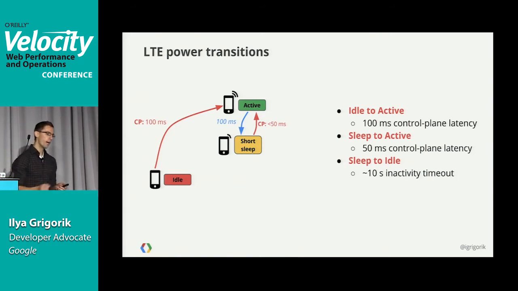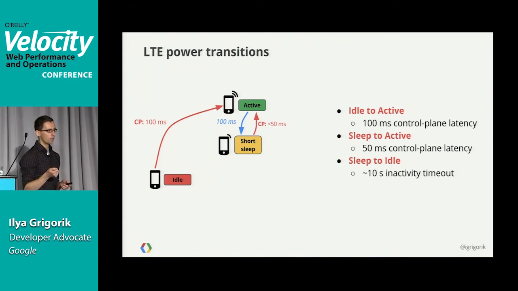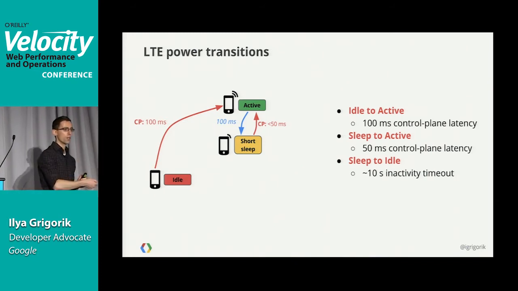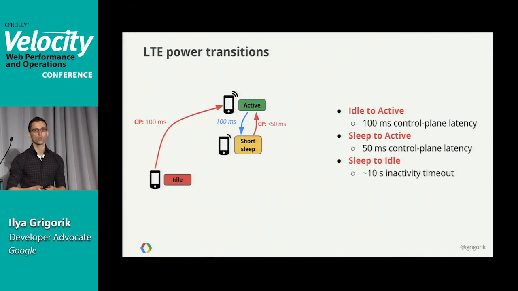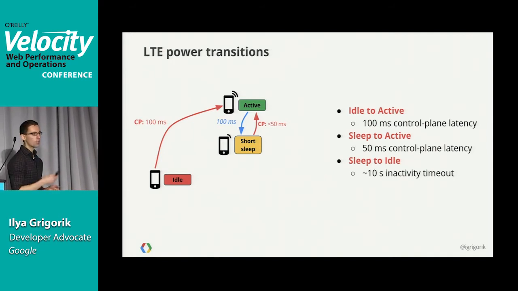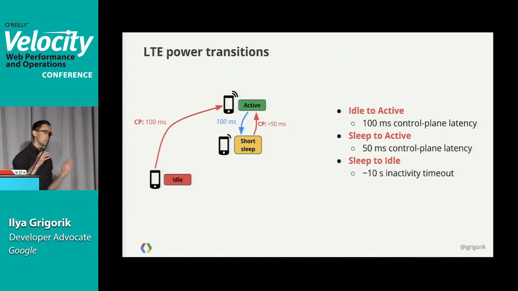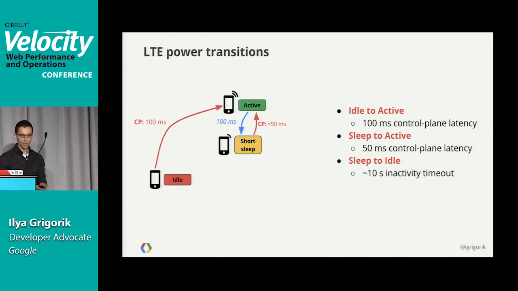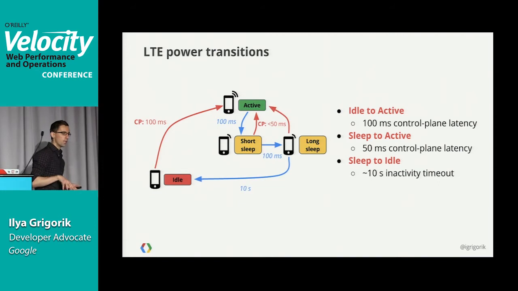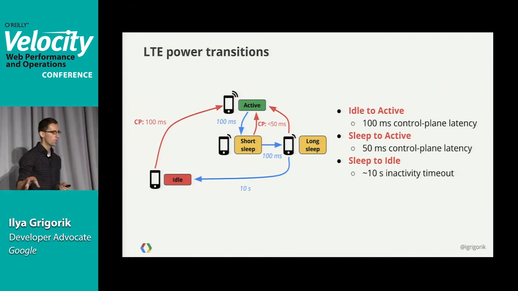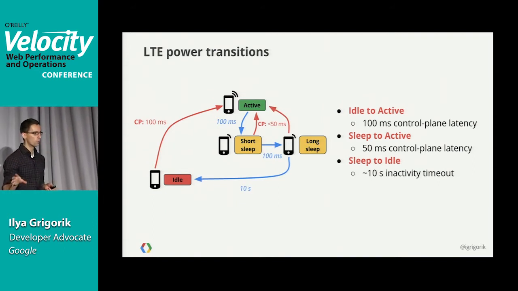And if you want to go back into active state and start transmitting data back again, you once again need to talk to the tower and say, hey, I would like to once again start transmitting data. And that may incur another 50 or 100 milliseconds. Now, let's say we've actually been idle for more than 100 milliseconds. At this point, your radio will actually be taken into a long sleep mode, where it'll stay for another 100 milliseconds or so.